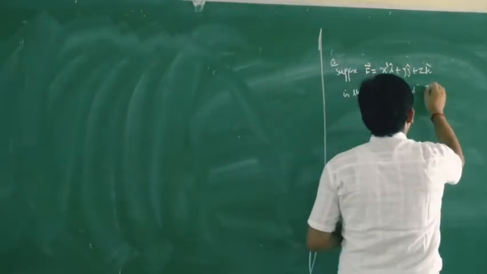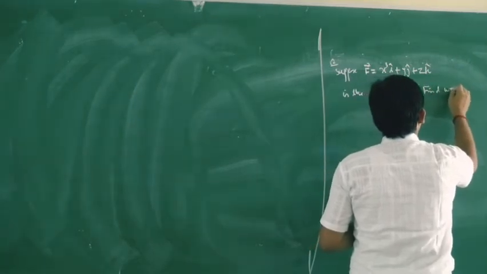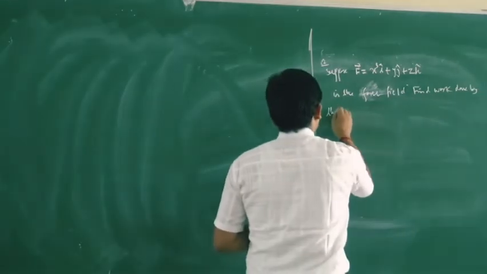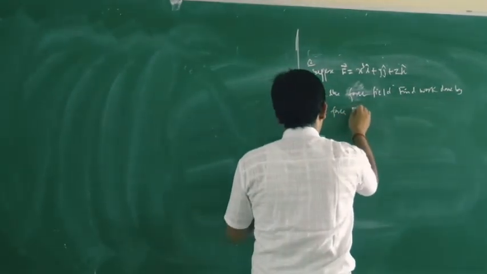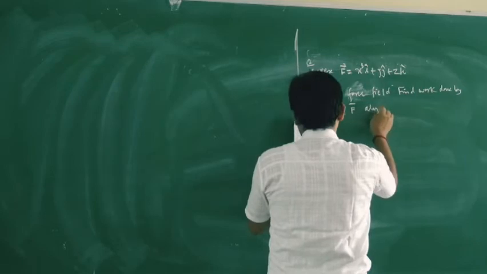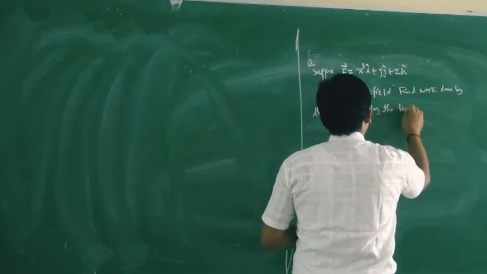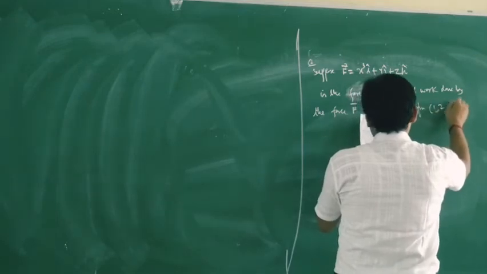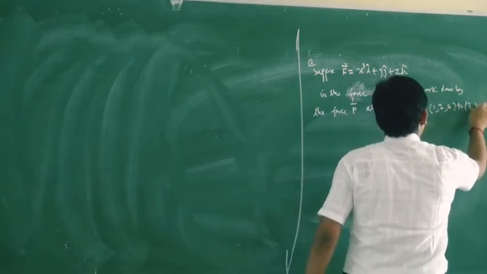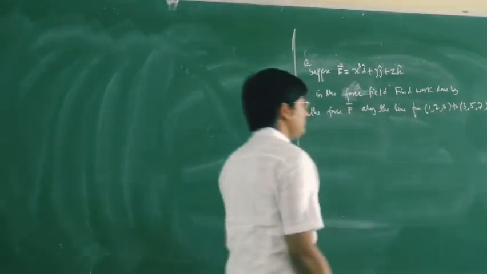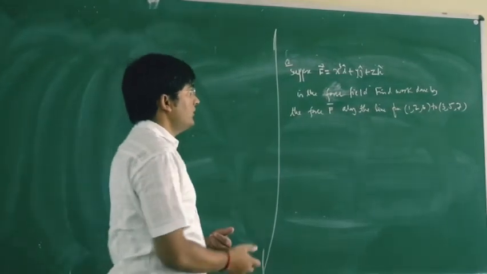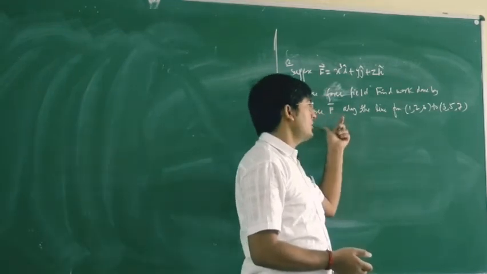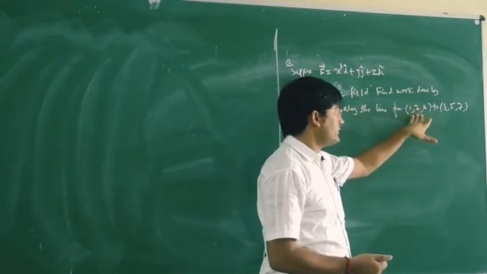Then find the work done by the force F along the line from (1, 2, 3) to (3, 5, 7). Here we have to find out the work done by the force along this line.